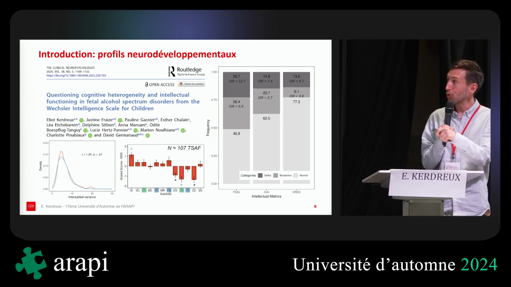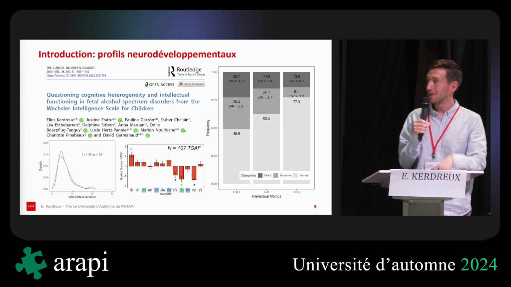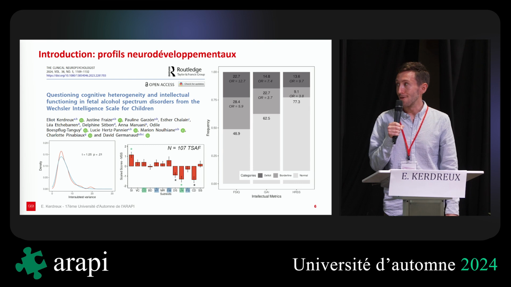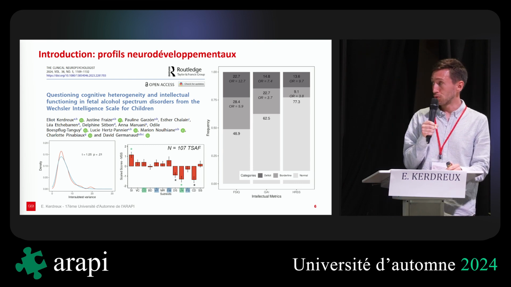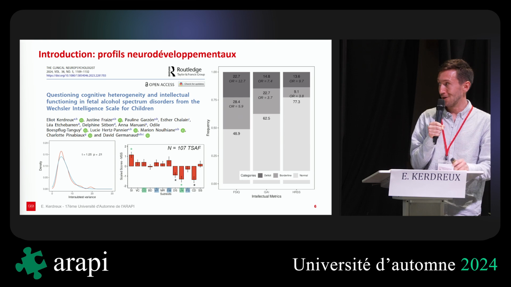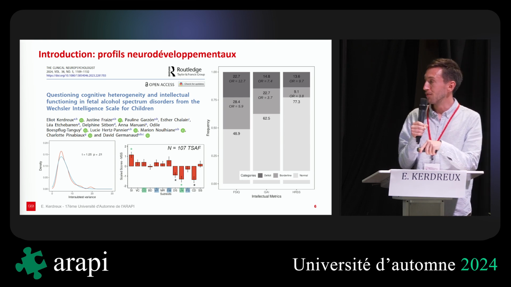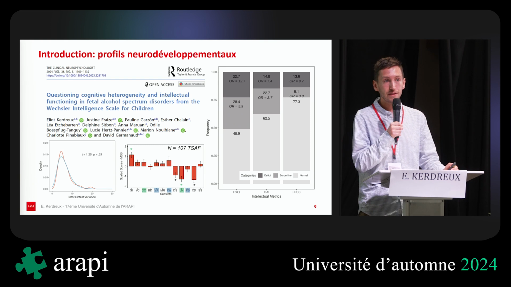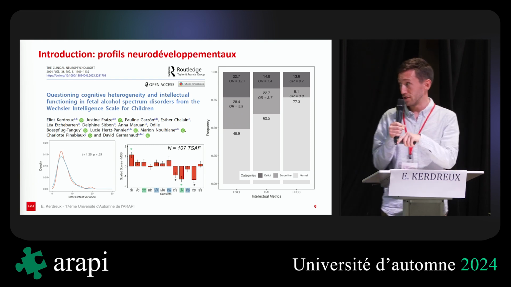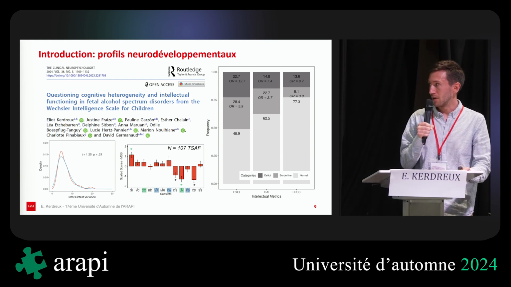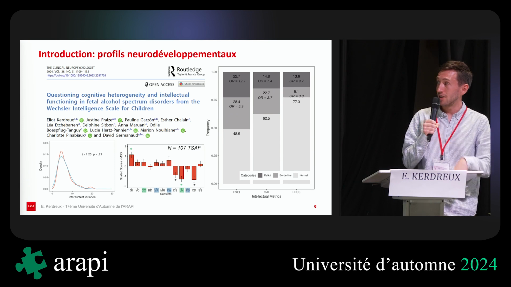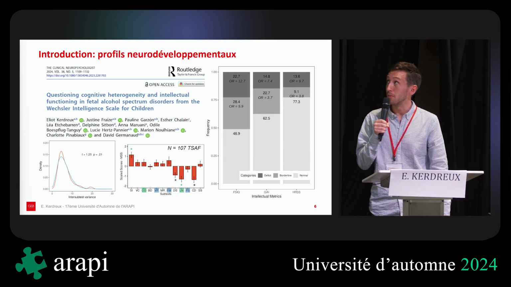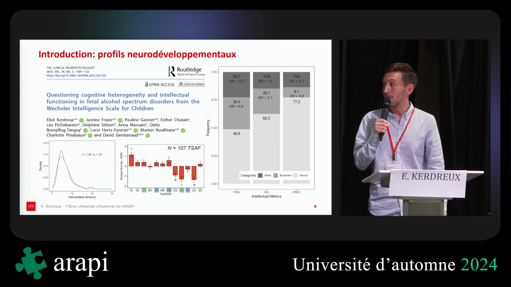And then we looked at whether, depending on the score that you use to categorize the intellectual operation, what that gives on our series of patients, whether you use an overall measure, which is the IQ, or a measurement tool that looks more at the reasoning capacity, which is the IAG, or Index of General Aptitude, and subtests of psychometric tests.